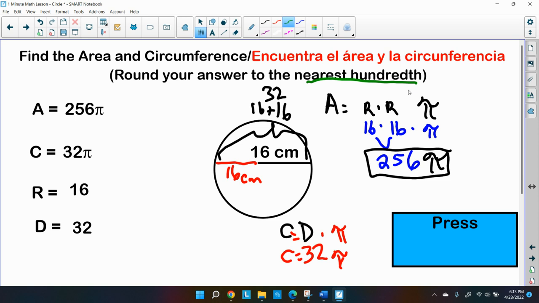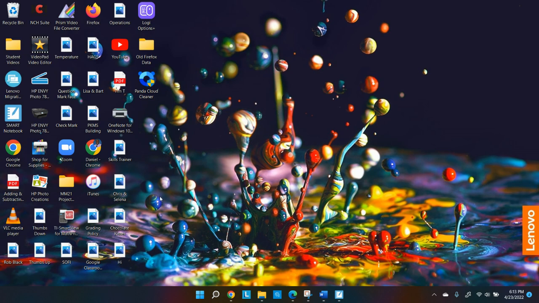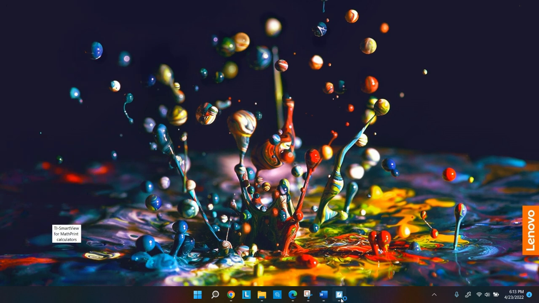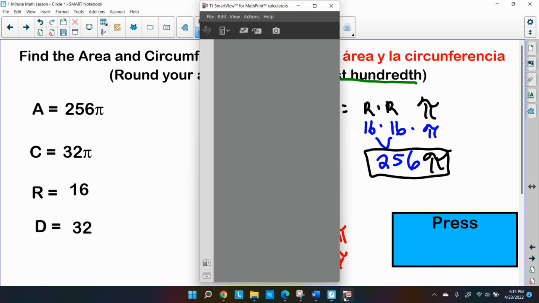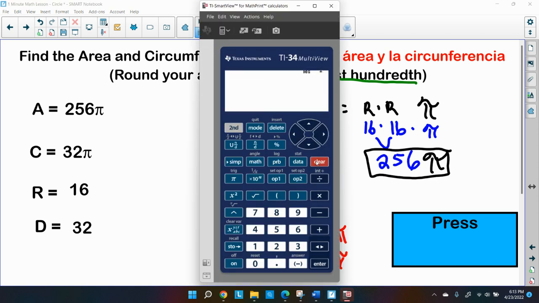Well, what that means now is you got to get your calculator, and pardon me, because I don't have my calculator. Let me get it out. In getting your calculator, there's a button called pi that you have to use. So let me clear this off, and let's look at the area.